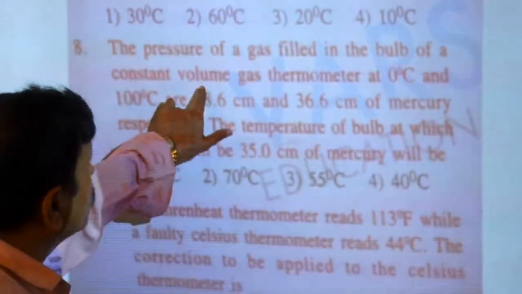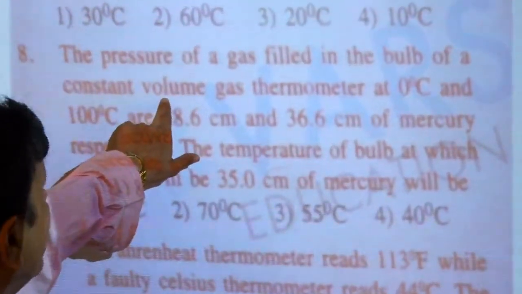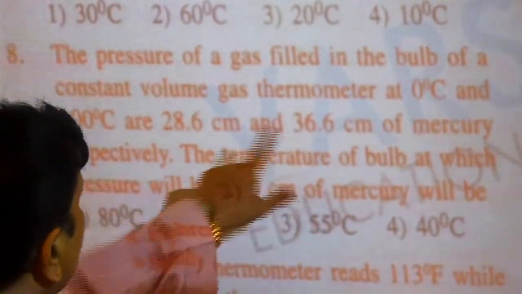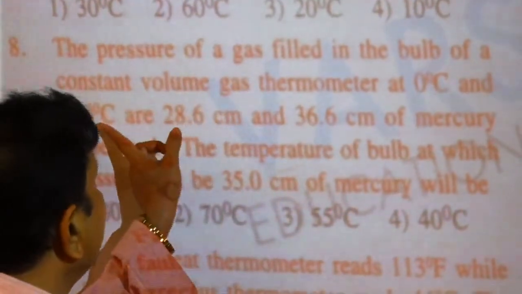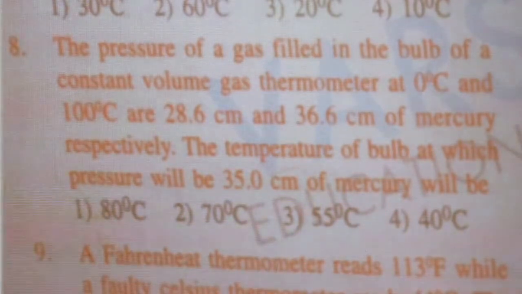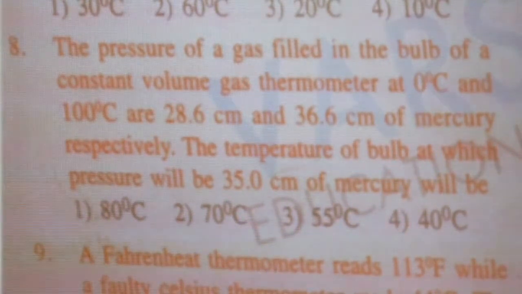So constant volume is there, and the reading is of pressure. So P0 is equal to 28.6 centimeter and P100 is equal to 36.6 centimeter. Well, actually we can convert the pressure using the formula rho g h, but it is not required. We can take it directly.